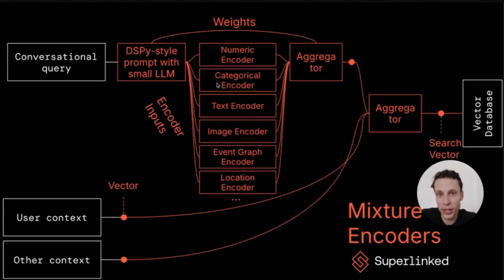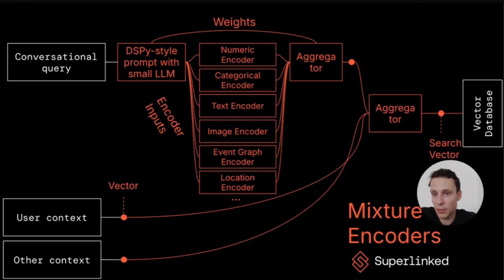For categories, we use a categorical encoder, a text encoder, image encoder, and so on. So we mix the encoders, encode the data, and generate one concatenated vector, which has these sub-embeddings that relate to different aspects in the data.